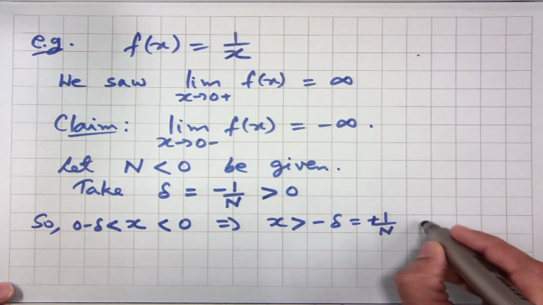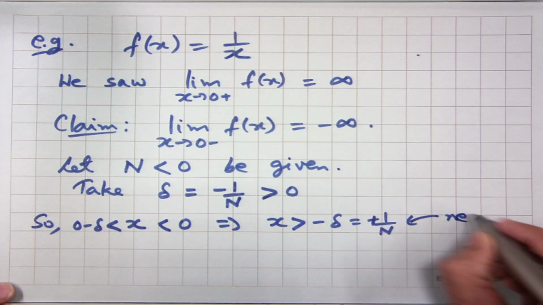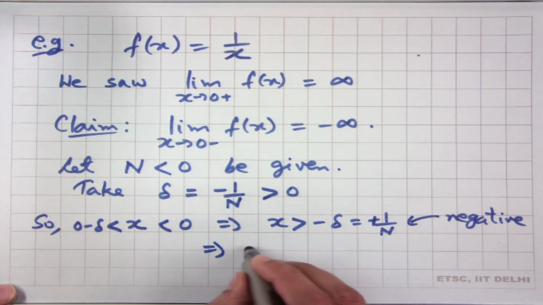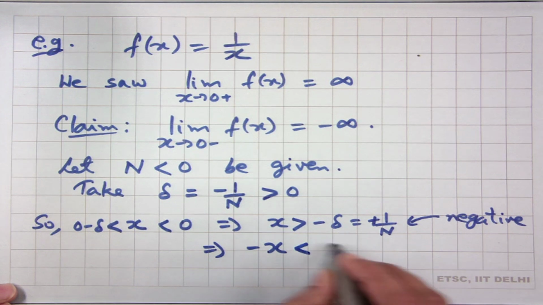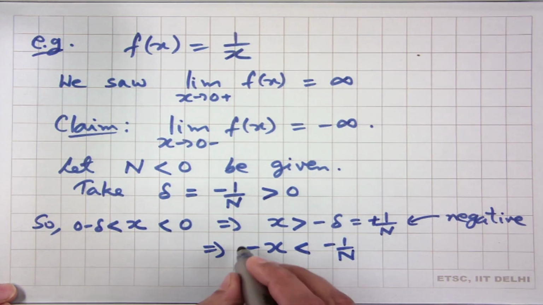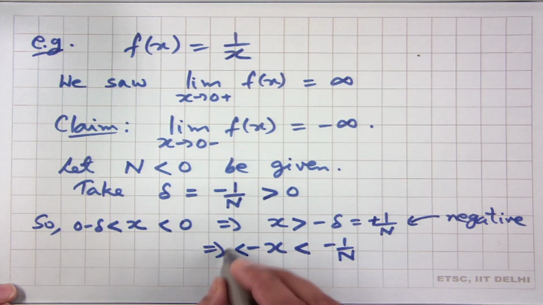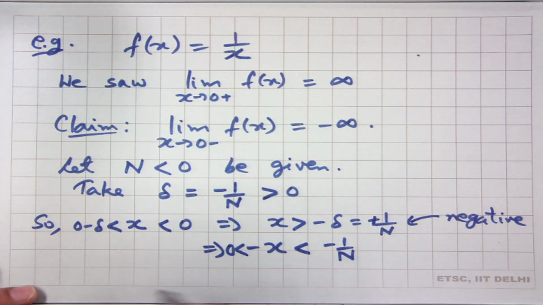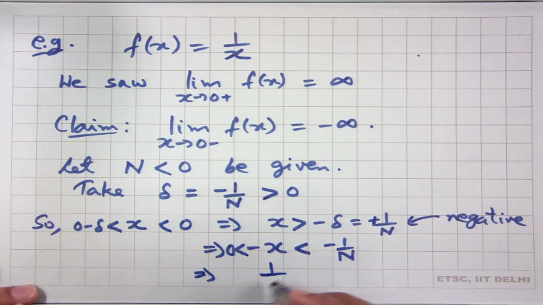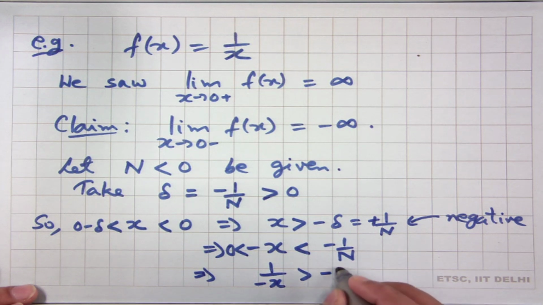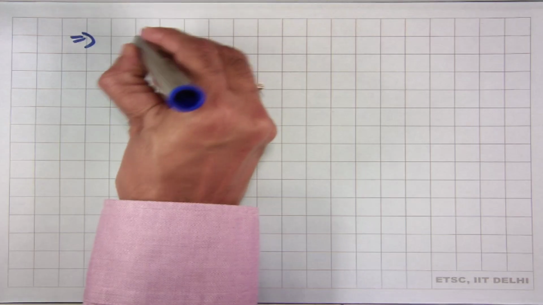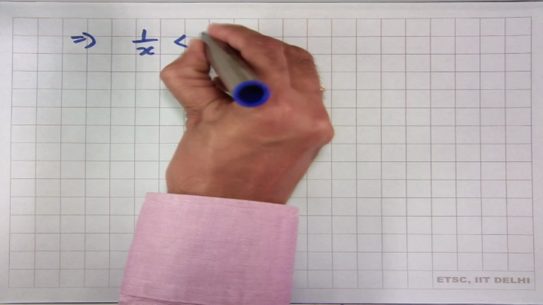Note that this 1 by n is negative. So, this implies that minus x is less than minus 1 by n, and since x is less than 0, minus x is greater than 0, so this minus x is positive. So, this implies that 1 by minus x should be greater than minus n, which implies that 1 by x should be less than n.